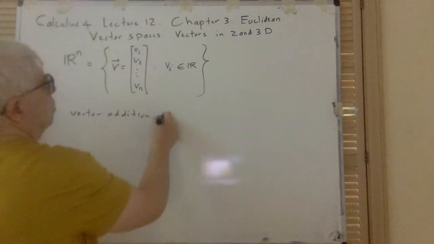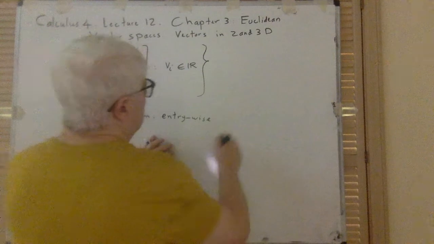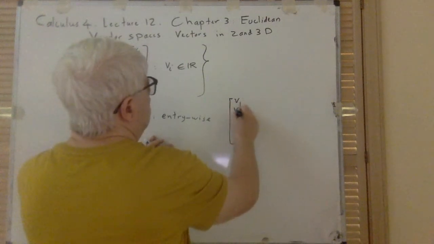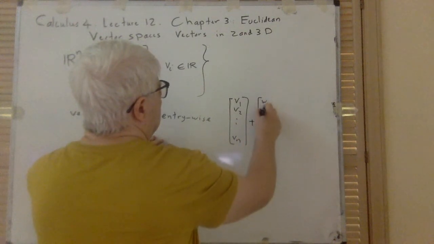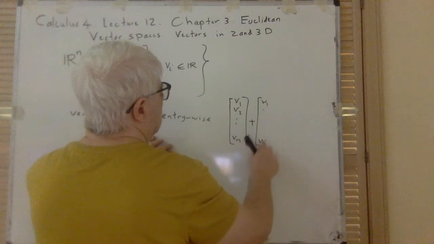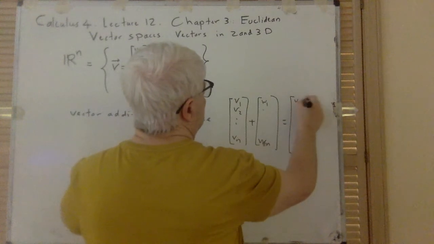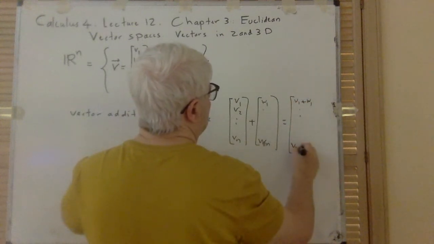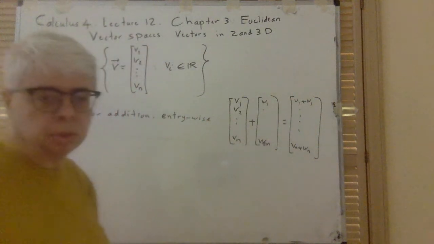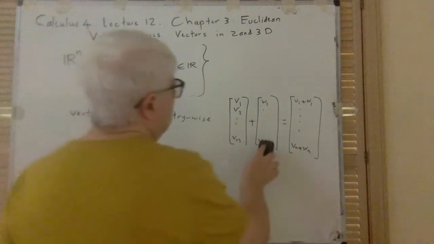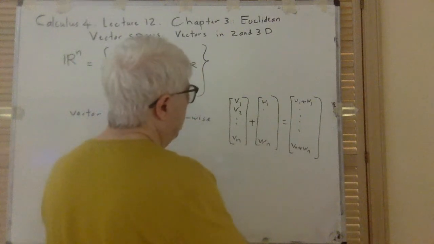That is entry-wise, which means (v1, v2, ..., vn) plus (w1, ..., wn) is in fact (v1 + w1, ..., vn + wn). Okay, so that is what we call entry-wise or element-wise. So that is how you add them.